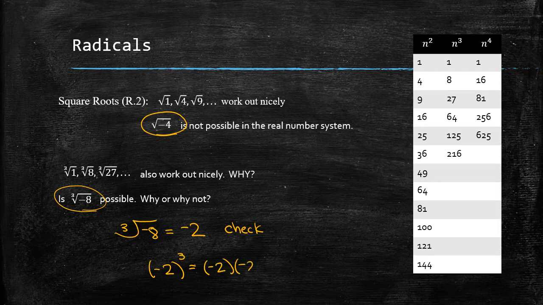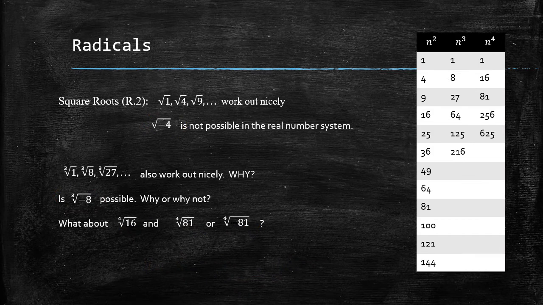So -2 times -2 times -2 does in fact get us back to -8, since the first two negatives cancel and leave us with +4, but then we multiply by one more negative, so our final answer is negative. Okay, so the third root of a negative is possible.